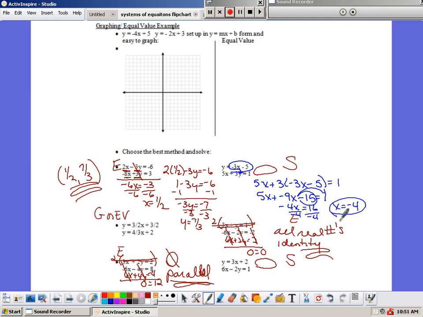X is negative 4. I'm going to take my negative 4 and plug it back in here. I can do it into either equation, but that one's always the easiest on a substitution. So negative 3 times negative 4 minus 5, 12 minus 5. 12 minus 5 is 7, so y is 7. So it'll cross at negative 4, 7. It's consistent, conditional, with the condition that it crosses at negative 4, 7.